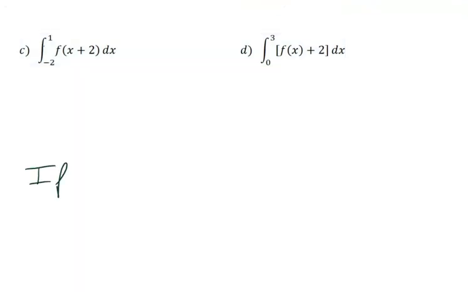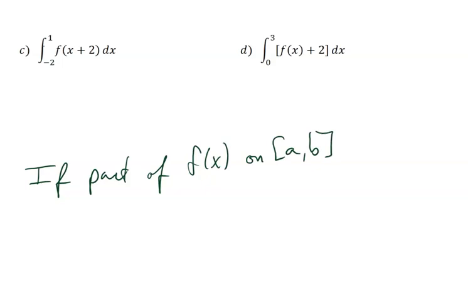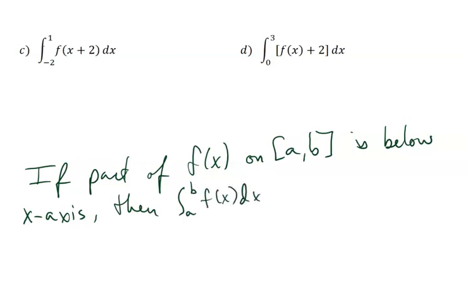If part of f of x on the interval from a to b is below the x-axis, okay, then the integral from a to b of f of x dx does not find area, it finds net area. Okay, net area meaning it takes the area that is above and it subtracts the area that is below.